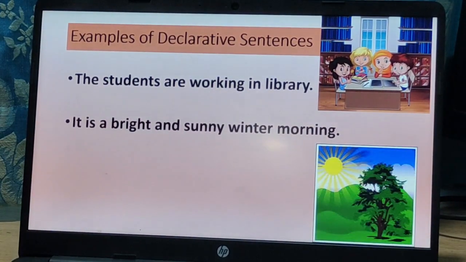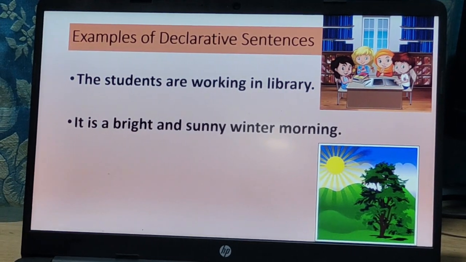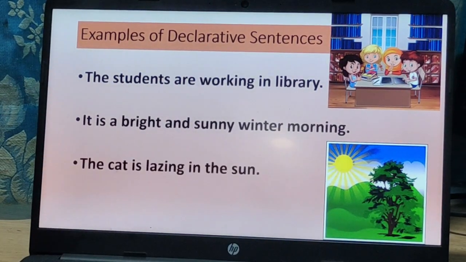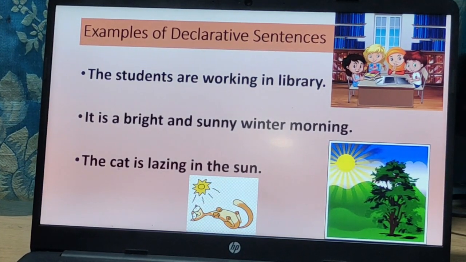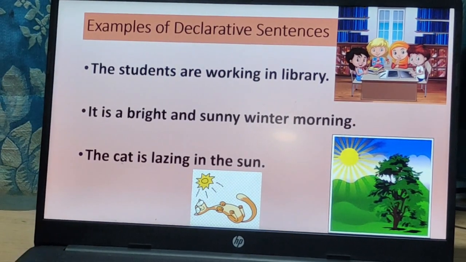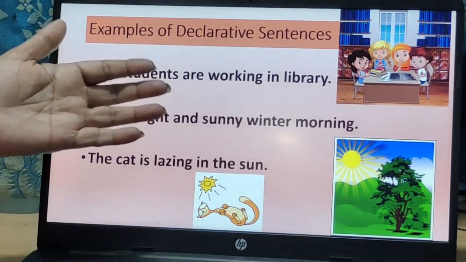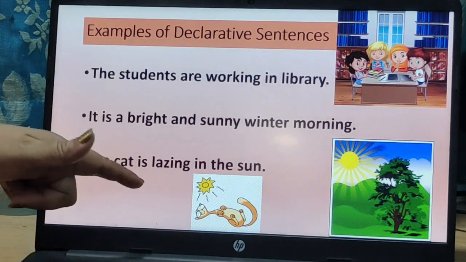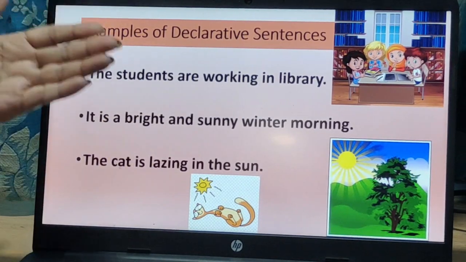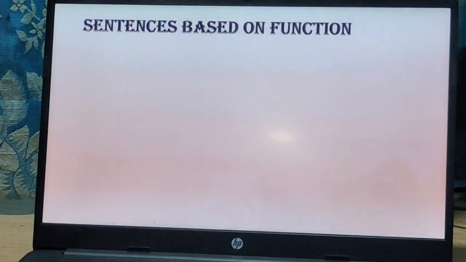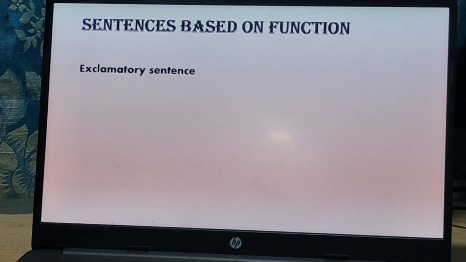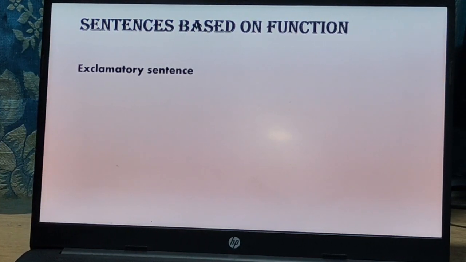I feel the morning is bright and sunny, so I'm telling that. Or I can say the cat is lazing in the winter sun, perhaps. So this is also, I am just stating a fact, an idea or opinion, and another fact. So these types of sentences are known as declarative sentences. But we also have the second type, which is the exclamatory sentence there.